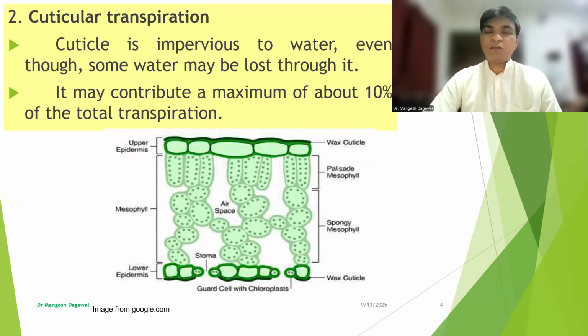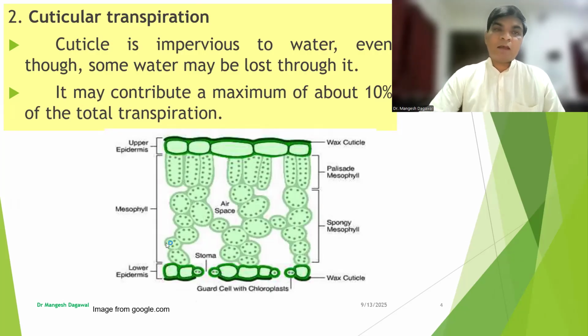What is the cuticle? The cuticle is the outermost covering present on the epidermis. In this picture, you can see the cross section of the leaf. There is the upper epidermis and lower epidermis, and the upper epidermis is covered with a thick covering called the cuticle. On the lower side there is also a cuticle.